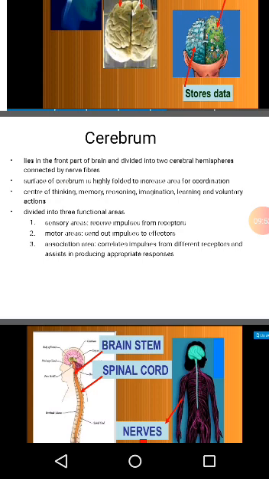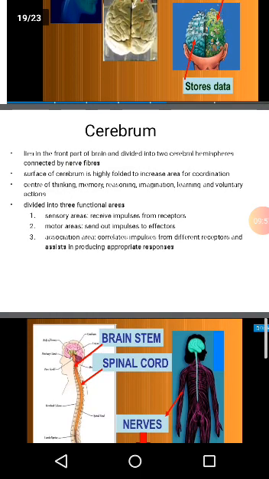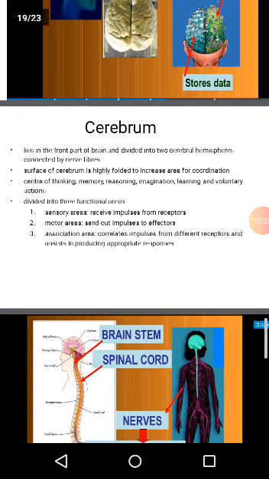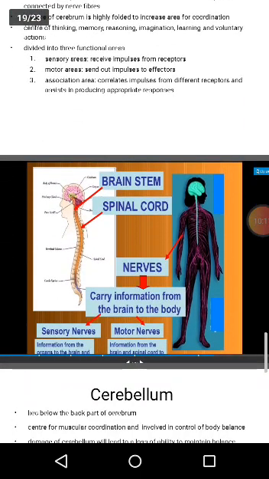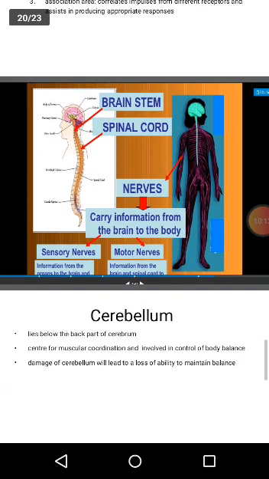The sensory area receives impulses from the receptors or sense organs. The motor areas send out impulses to the effectors, and the association areas correlate impulses from different receptors and assist in producing appropriate responses. In this diagram you can see the sensory nerves and motor nerves, and how they take the messages towards the brain.